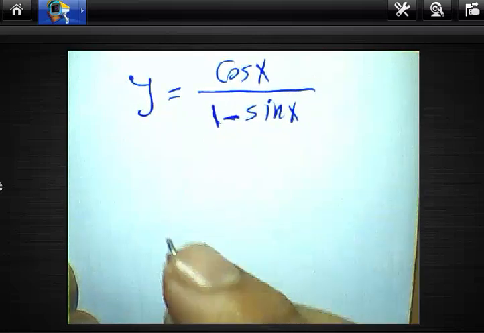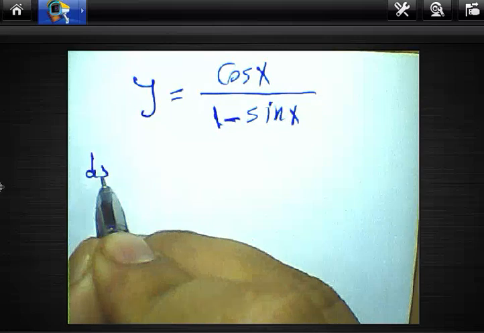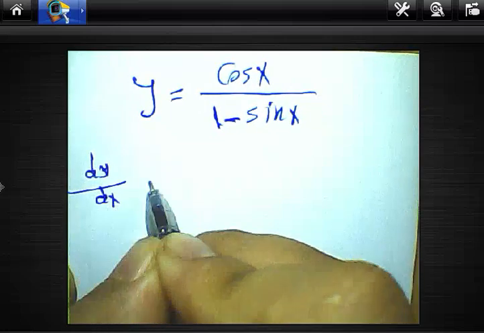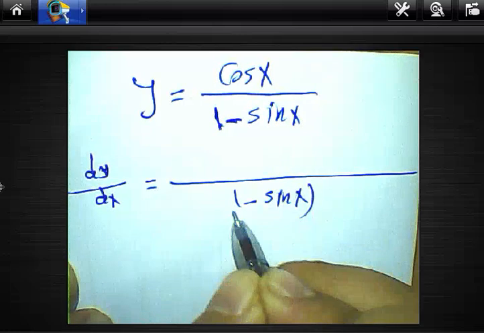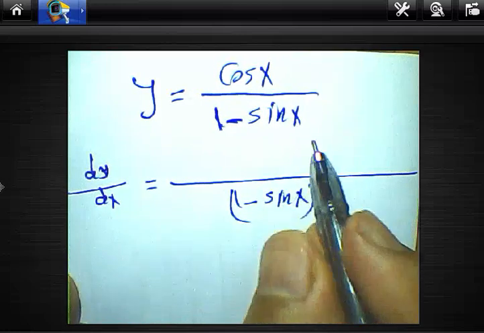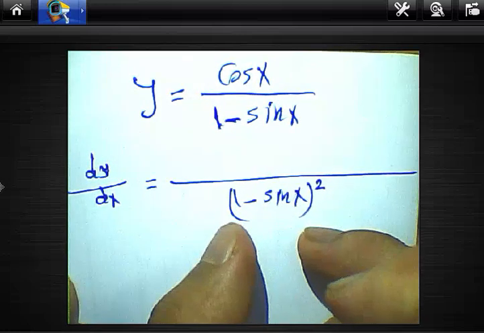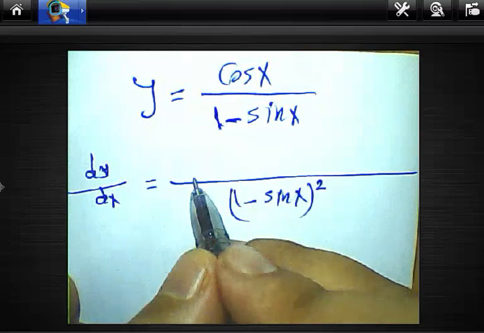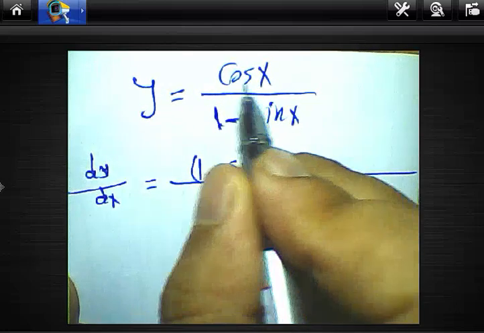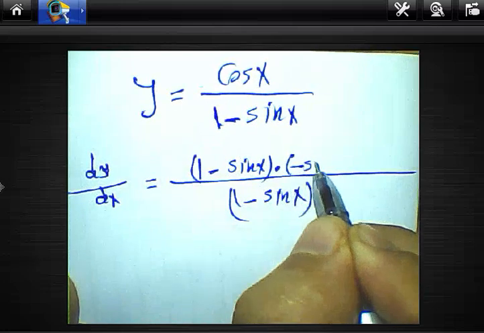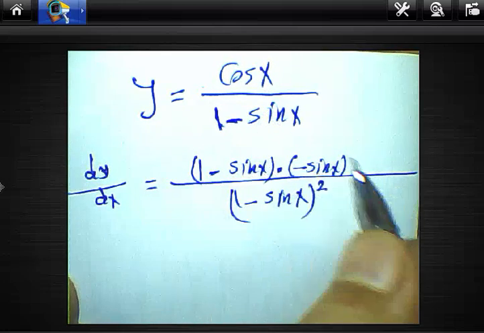Okay, we can use the rule here, dy over dx. We write down here 1 subtract sine x power 2, and this is the denominator. We write 1 subtract sine x in the numerator, multiplied by the derivative of up, which will be negative sine x. It's the derivative of cosine.